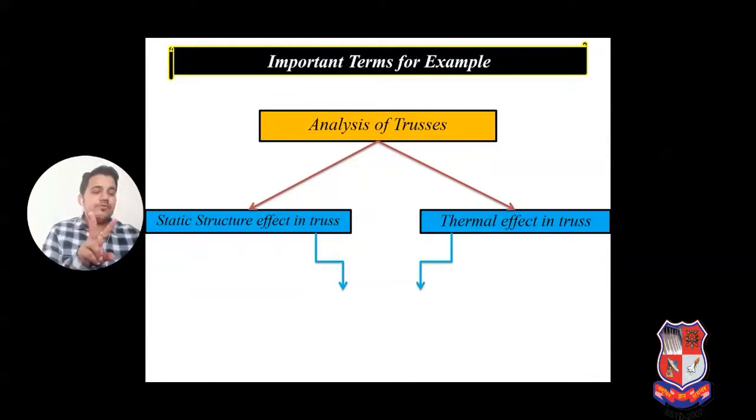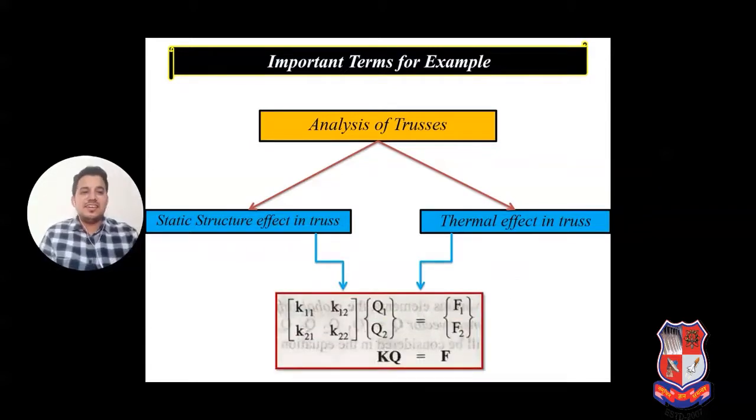For both purposes, the common formula we already learned: Q is equal to F, K is the stiffness matrix of each and every element, Q is equal to displacements, and F is equal to force. One thing we have to keep in our mind: if we are considering the thermal effect, then this Q is converted into the temperature, because as per degree of freedom and the applications, our displacement is considered with the force.